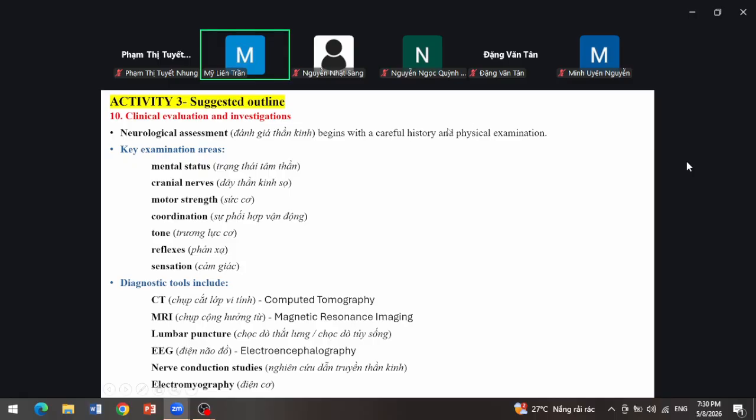Key examination areas include the mental status, cranial nerves, motor strength, coordination, tone, reflexes, and sensation. Diagnostic tools include CT, MRI, lumbar puncture, EEG, nerve conduction studies, electromyography.